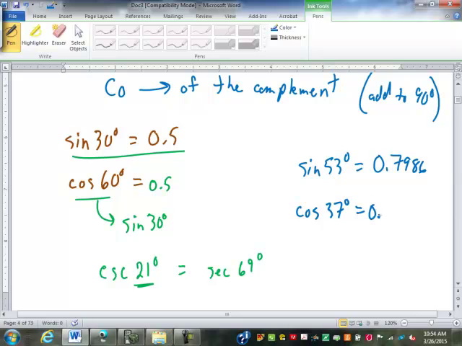Cosine of 37 degrees. Why is it the same? Because they're complements. If the two angles are complements, the sine of one is going to equal the cosine of the other. Because the cosine of 37 is literally asking, what is the sine of the complement of 37? And the complement of 37 is the 53.